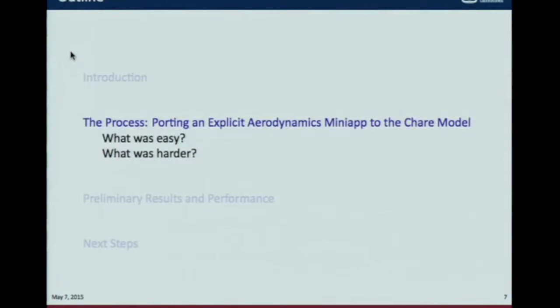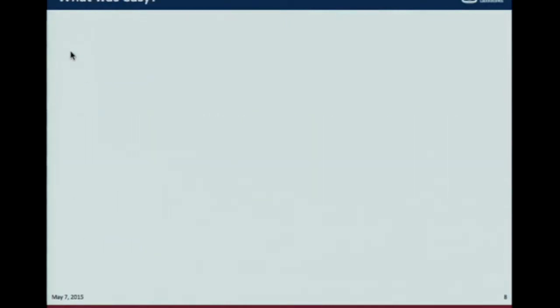All right, let me talk a little bit about the coding process. What was easy? Load balancing, which can be an absolute nightmare, especially if you've ever tried to do it in raw MPI code, was very easy. I say synchronous load balancing. There are certainly interesting problems to be addressed from the runtime side, like work stealing, but for this mini app those features would not be super interesting.